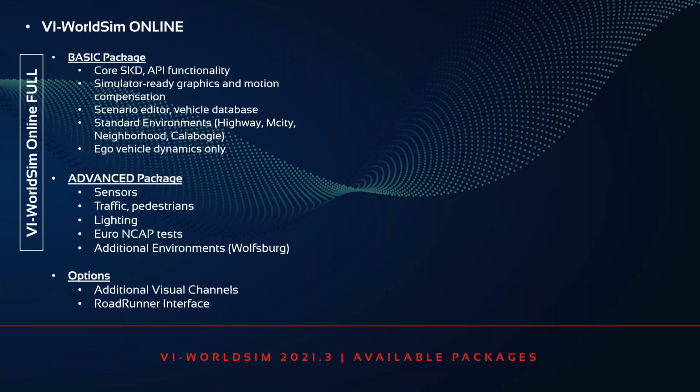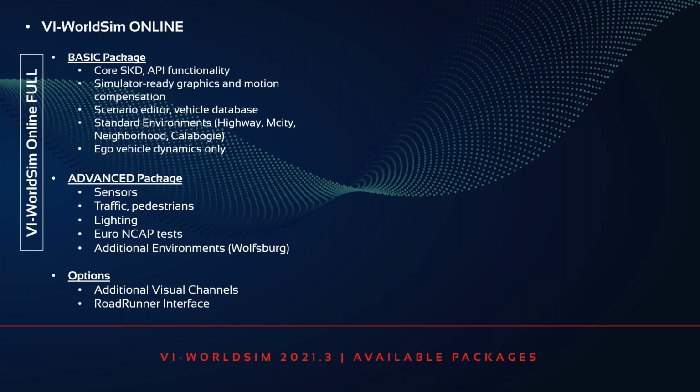And then there's an advanced package that sits on top of that where all the sensors, the dynamic traffic and pedestrians are enabled. There's a lighting that can be defined so that you get proper reflectivity for lighting. The Euro NCAP tests are included there. And then some of the other more advanced environments like Wolfsburg will be packaged into the advanced package.